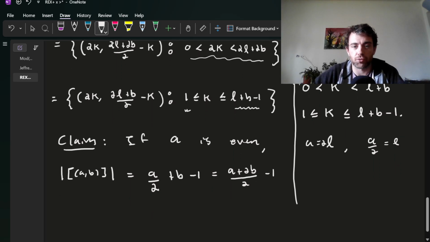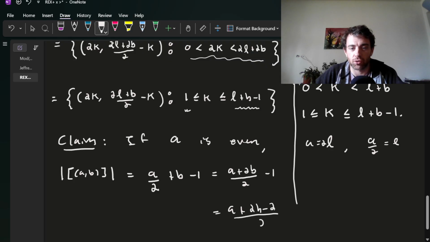Or if you preferred, you could also absorb that 1 into there, so A plus 2B minus 2 over 2, for example. So that's my claim.